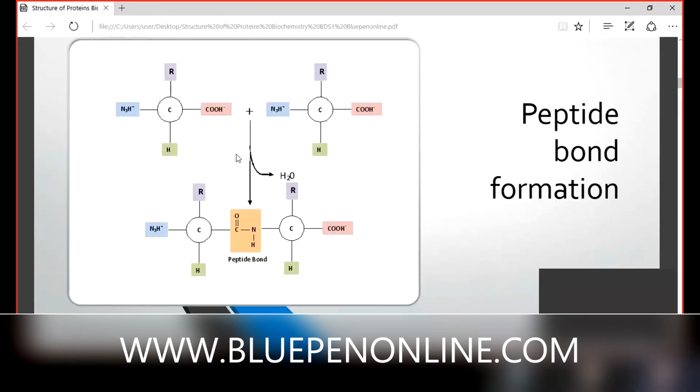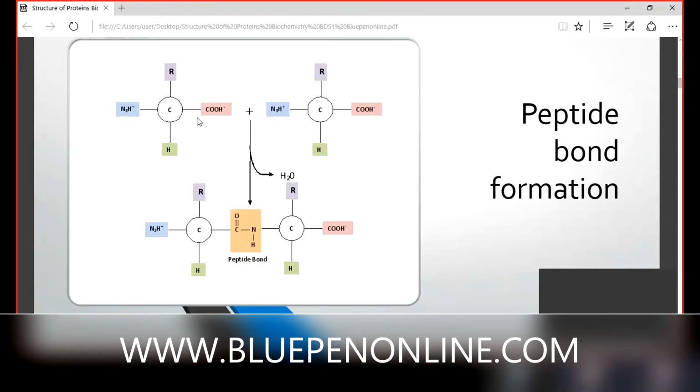Then you can see the structure of the amino acid. The center C is known as the alpha carbon. To this carbon atom, the amino group and carboxyl group are attached. In all amino acids, you write it in a different way, that's why I took this picture.